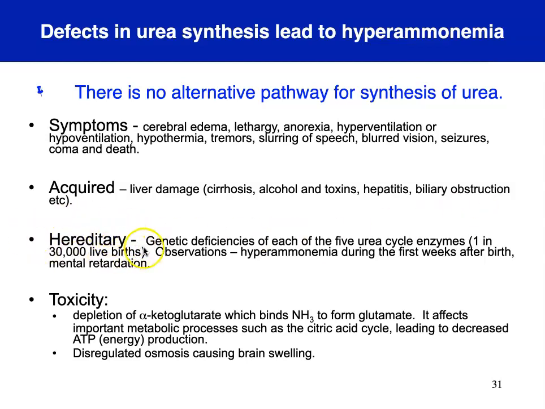The hereditary forms of hyperammonemia are usually connected with mutations and deactivation of the enzymes of the urea cycle, and it happens with a rate of 1 in 30,000 births. Now, in each case of the hereditary hyperammonemia, we see the symptoms in the first weeks after birth.